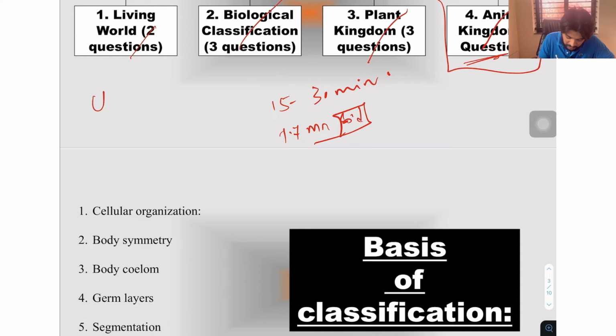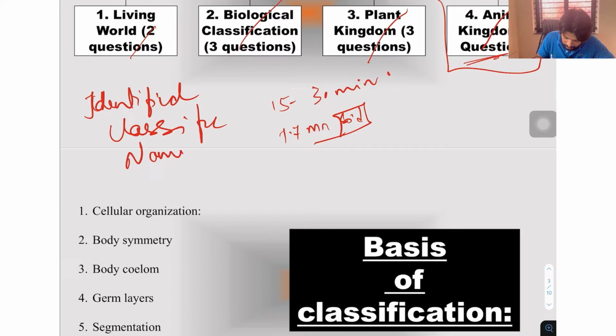It means it has been identified, classified and also named. You know what identification, classification and nomenclature, that is binomial nomenclature, are. In order to name an organism, we first need to classify and identify it. So for the classification system we have the taxonomical hierarchy.